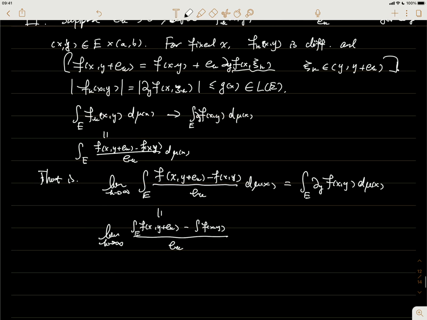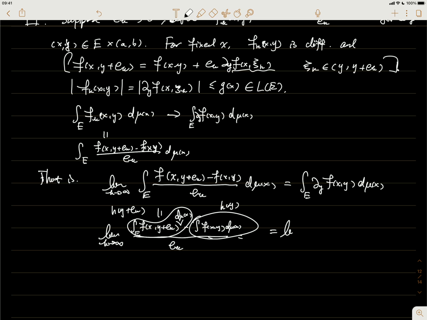Okay, so now I will just claim that this left-hand side, or this thing here, is just the derivative of the integral of f(x,y). The reason is that, as you can see, if you treat this integral as a function of y, we said this integral is with respect to x, right? Forget that d mu x. So this is a function of x. So if we call this, for example, h(y), then this one here will just become h(y+e_k).